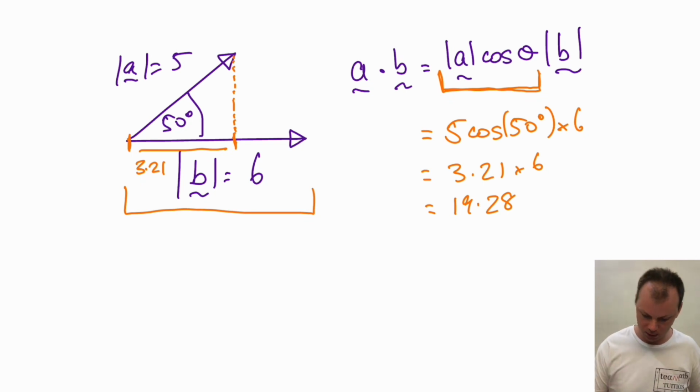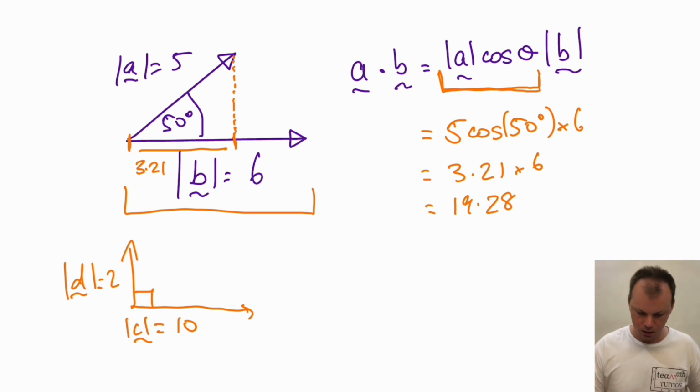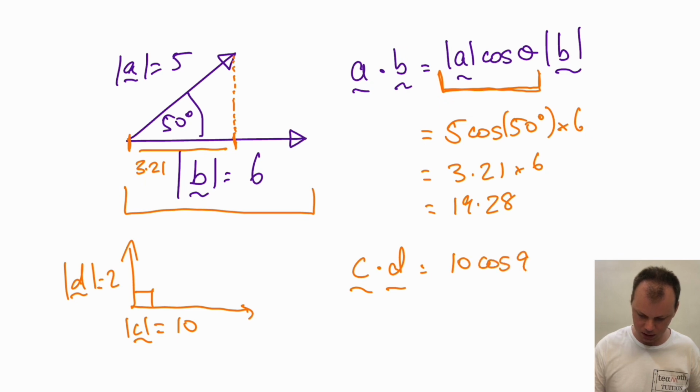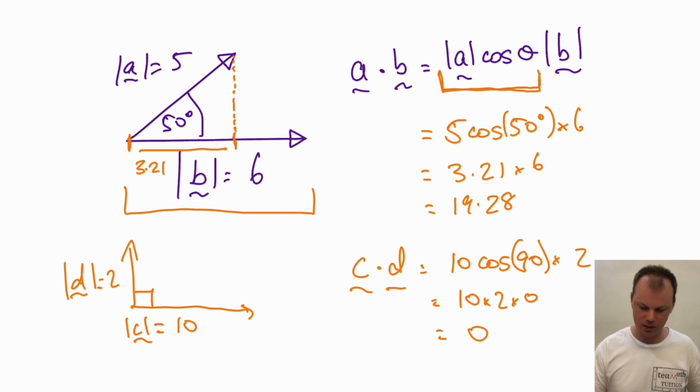If I was to do another pair of vectors, let's do one like this, where this is 90 degrees. So C dot D is 10 cosine 90 times 2. Cosine of 90 is 0, which equals 0.